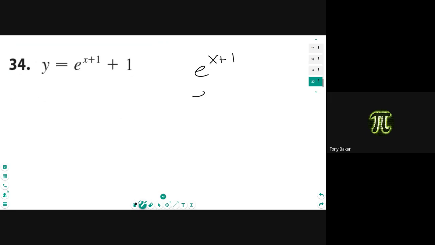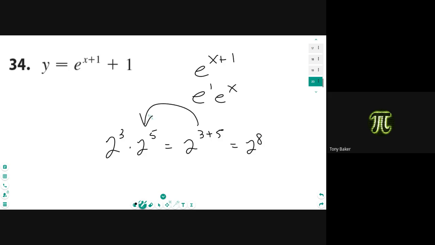That is e to the first times e to the x. What do you do when you multiply like bases? You add their exponents. If I gave you 2 to the third times 2 to the fifth, that's 2 to the 3 plus 5, or 2 to the 8th, right? So if I went backwards, that would be that.